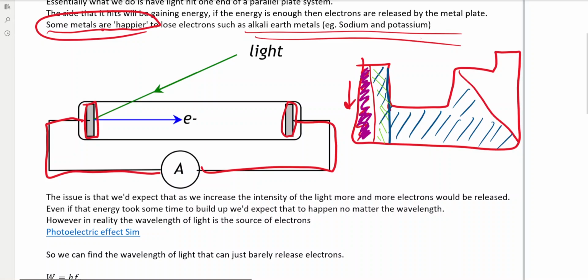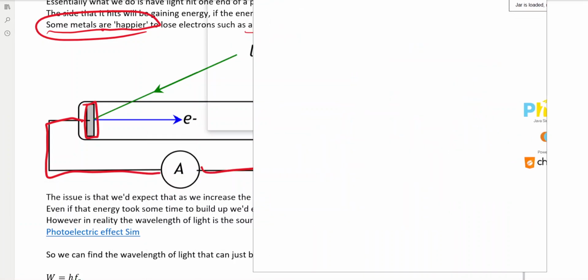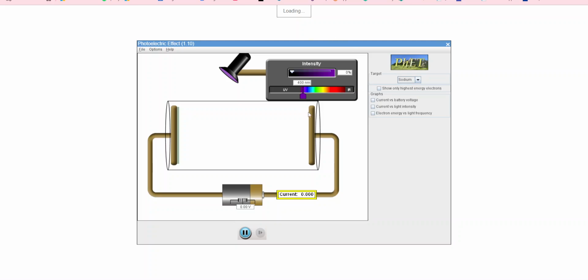So let's take a look at a simulation that will show the photoelectric effect. This is a PhET simulation, and we're just going to see how this looks right now. Essentially, we have different types of metals. So here we're going to have copper.